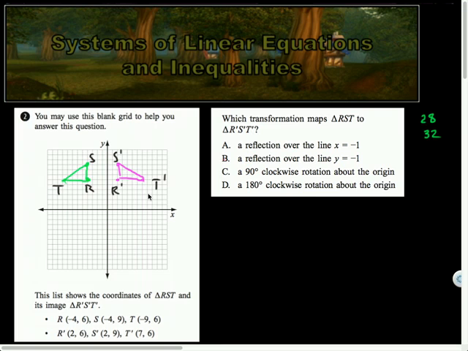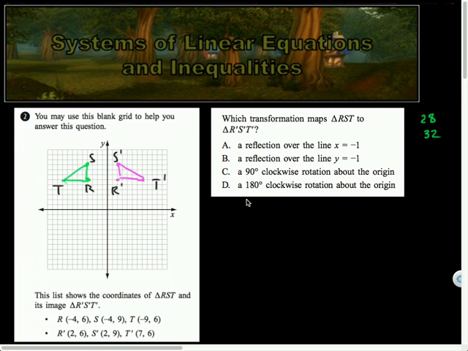It says, which transformation maps triangle RST to triangle R prime, S prime, T prime? Is it a reflection over the line x equals -1, a reflection over the line y equals -1, a rotation about the origin clockwise by 90 degrees, or a rotation about the origin 180 degrees?